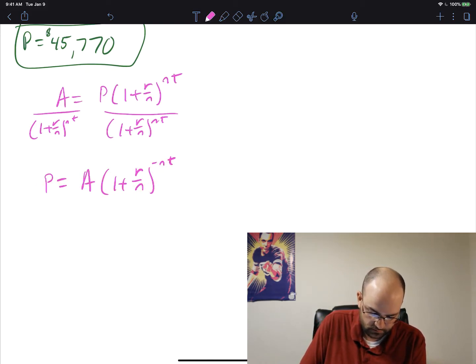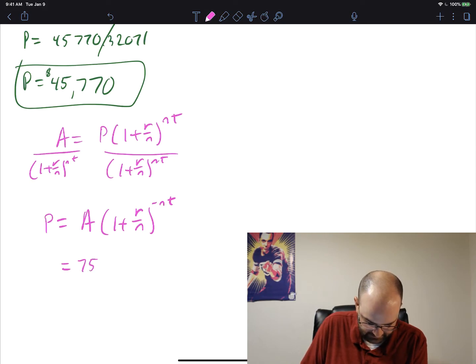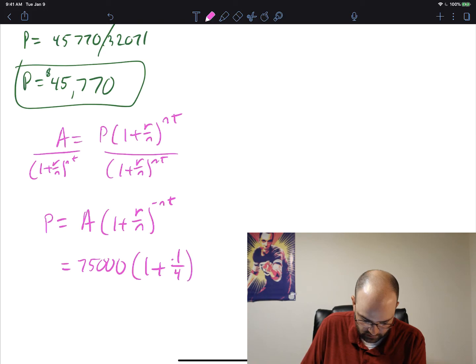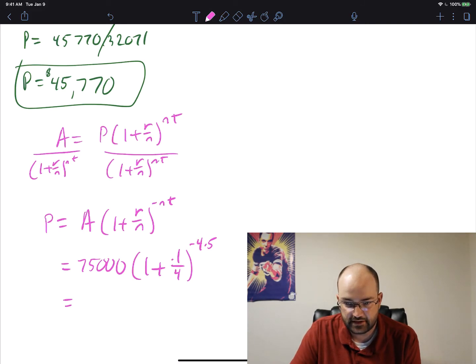And if we did this again, you would say 75,000, parentheses, 1 plus 0.1 over 4, to the negative 4 times 5. Just type that in: 75,000, parentheses, 1 plus 0.1 divided by 4, to the negative 4 times 5.